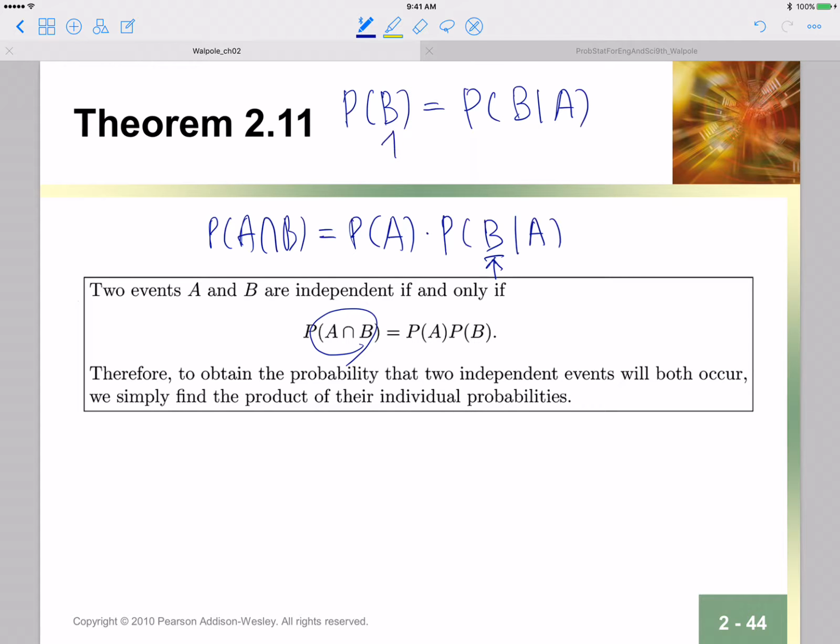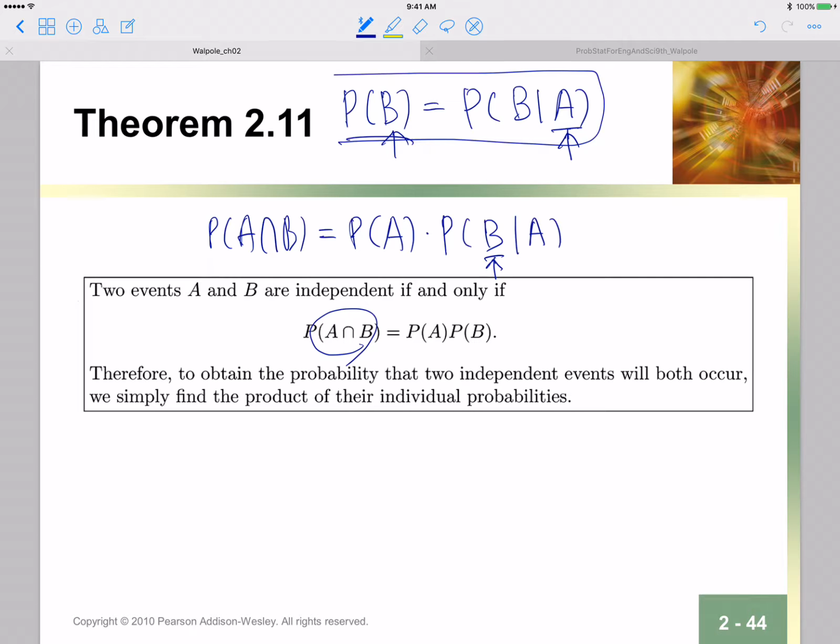This one was the event of height being more than 180, and that is not related to the region, right? Even if we do not know the information about the region, the probability of height will still remain the same, right?